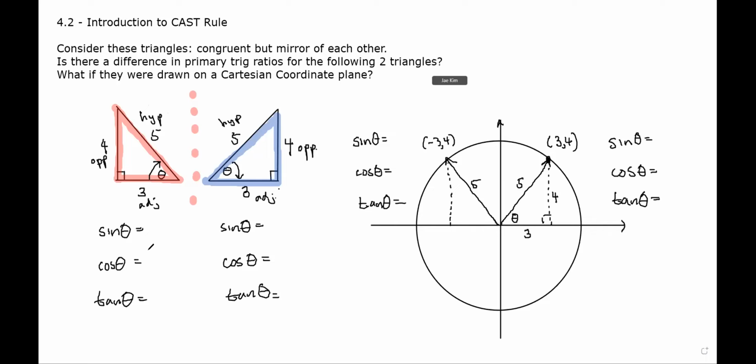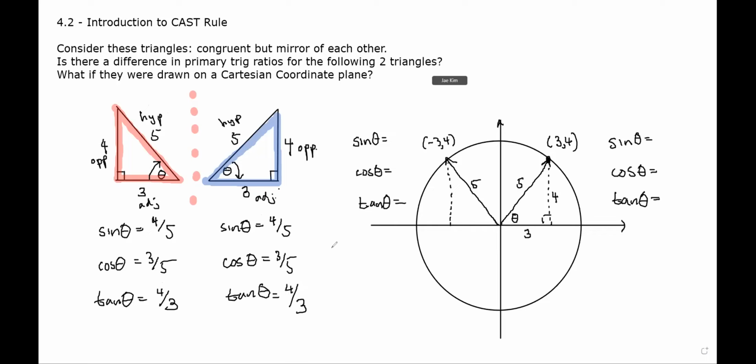So for the red triangle, sine is opposite over hypotenuse, and for the blue triangle, opposite over hypotenuse, it's exactly the same. Cosine, 3 over 5, cosine, 3 over 5, tangent, opposite over adjacent, tangent, opposite over adjacent.